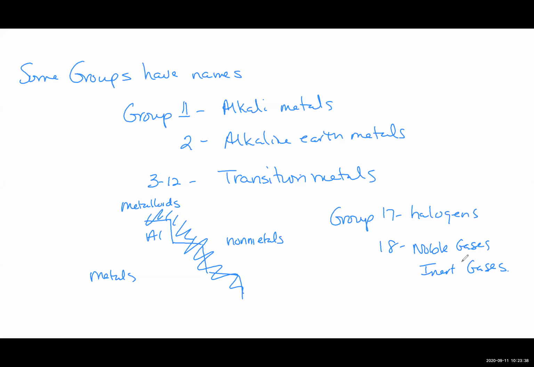Okay, so that's what you need to know about the periodic table. The last thing I wanted to talk about to finish off the segment is, what about things that are not atoms? Remember that we said atoms are neutral, right? And if atoms are neutral, then the number of protons is equal to the number of electrons.